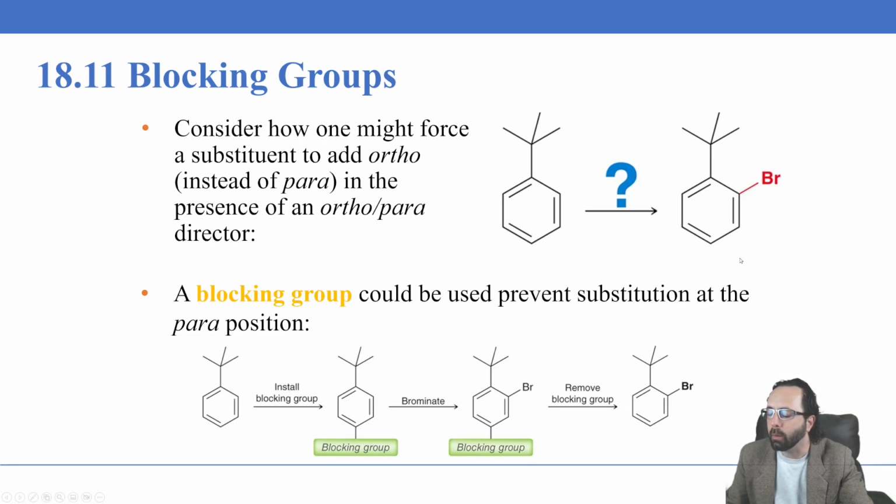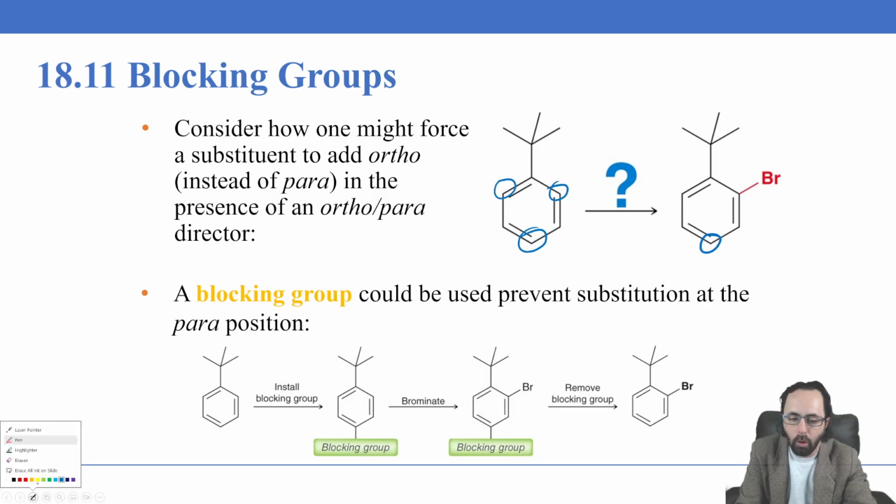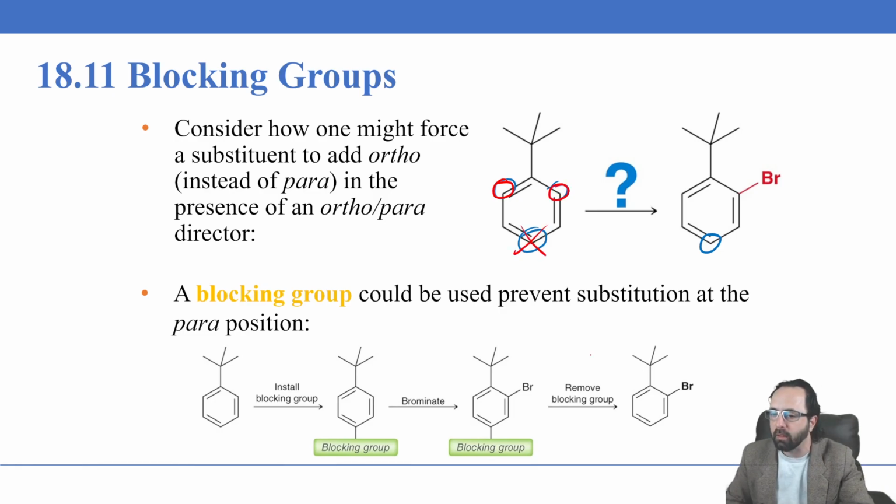What we want to do is make it so that we cannot install at the preferred para position. Remember, this is ortho-para directed, so these are the three positions where it can be installed. But we want the bromine to be installed here and not here. So what we can do is put something there that will block the installation of our group at that position, and then remove it afterwards.